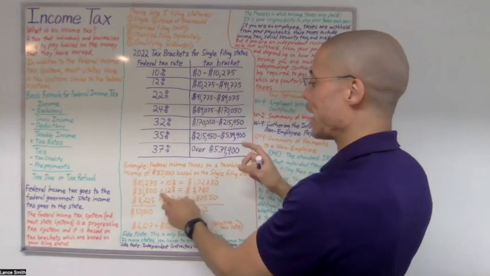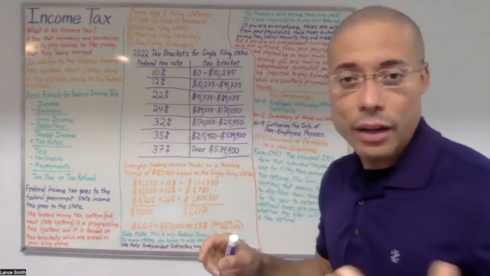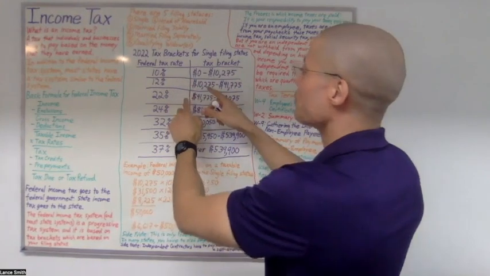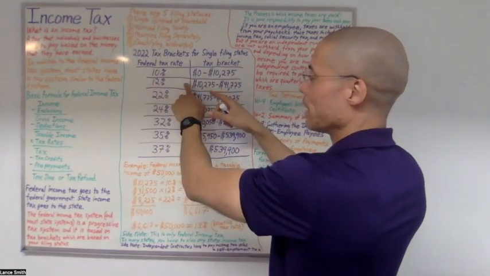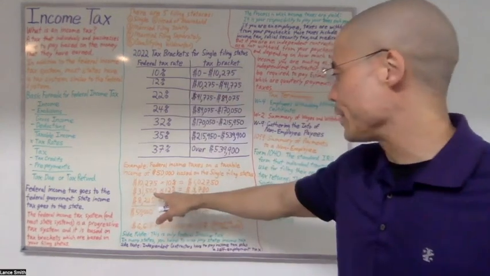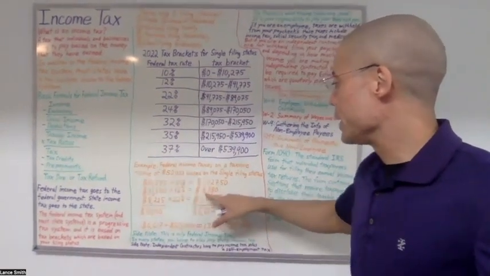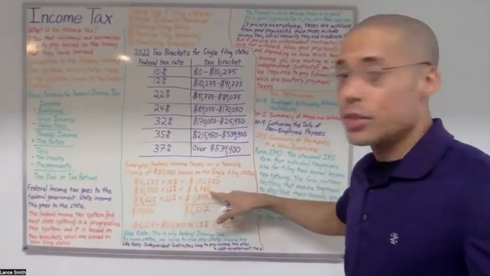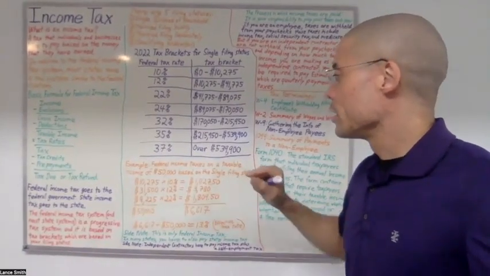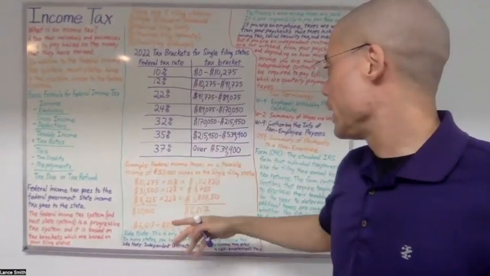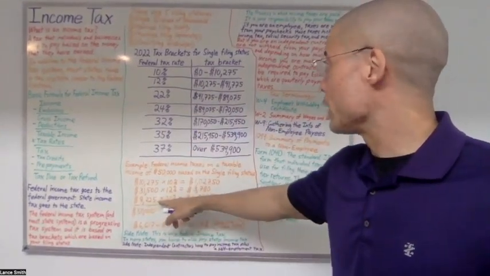So 31,500 of the 50,000 falls into this tax bracket, and 12% is going to be applied to that. That's why we have here 31,500 times 12%, and we get 3,780. So after that, what's left over is 8,225.